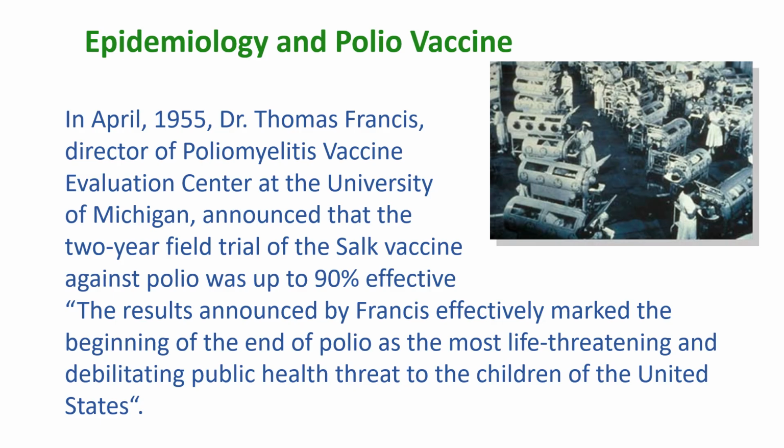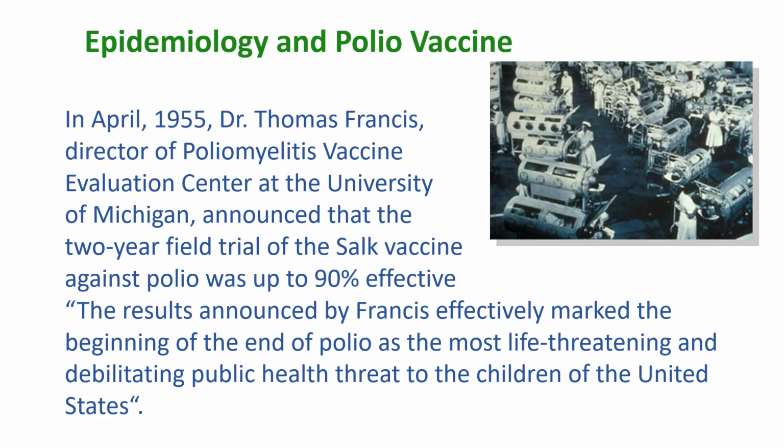The last epidemic case we will examine here is epidemiology and the polio vaccine. In April 1955, Dr. Thomas Francis, director of the Poliomyelitis Vaccine Evaluation Center at the University of Michigan, announced that the 2-year field trial of the Salk vaccine against polio was up to 90% effective.